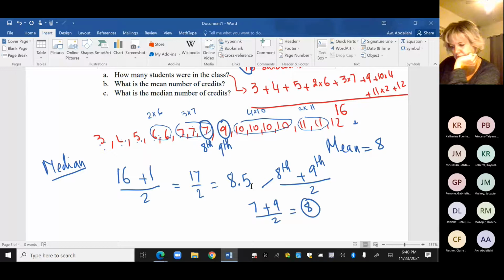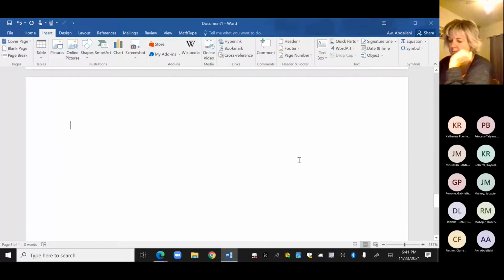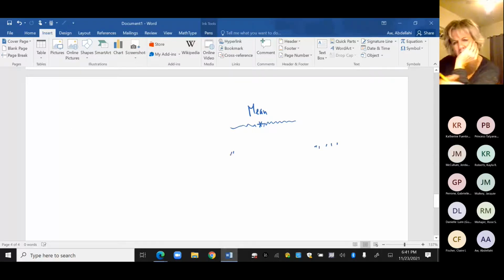Just to give an idea, this is the mean right here. Everybody, the mean is at this location, right? The standard deviation is a way to calculate how spread we are around the mean. Is the data very close to the mean, or is the data very scattered around the mean?